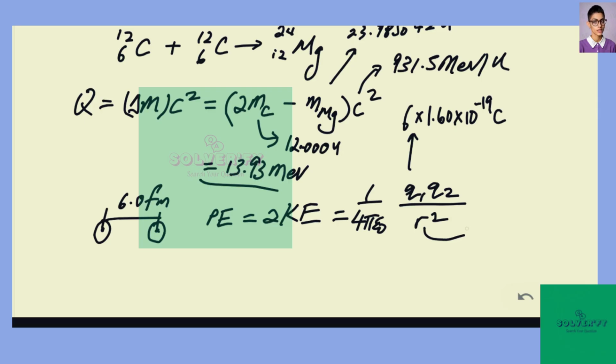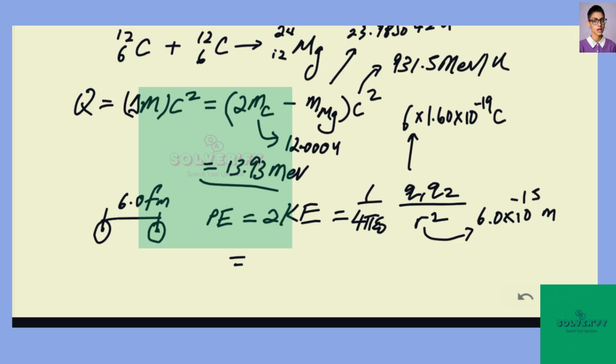The distance R is 6 Fermis, so that is 6 times 10 to the power of minus 15 meters. Epsilon naught is a constant, the permittivity of free space.